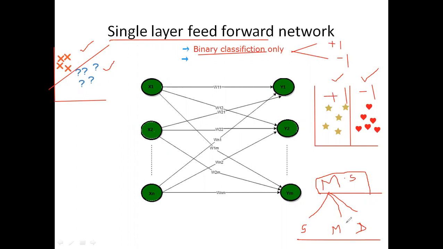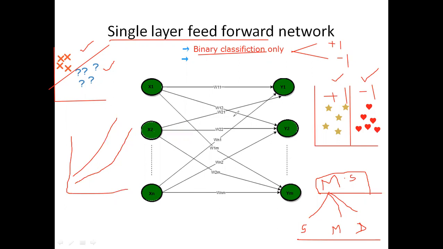Within that multi-layer feed-forward network, we are going to draw double hyperlines, not a single hyperline. Till now, we have discussed only the single-layer feed-forward network, which means a single hyperline.